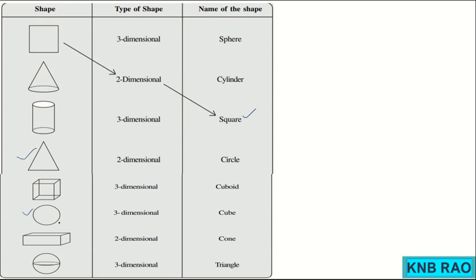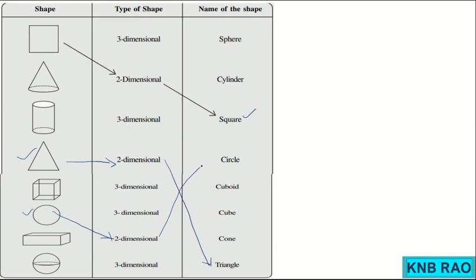When it comes to these two, and when it comes to these two, right? See children, this is a two-dimensional and definitely it is a triangle, whereas it is called circle and it is also two-dimensional.